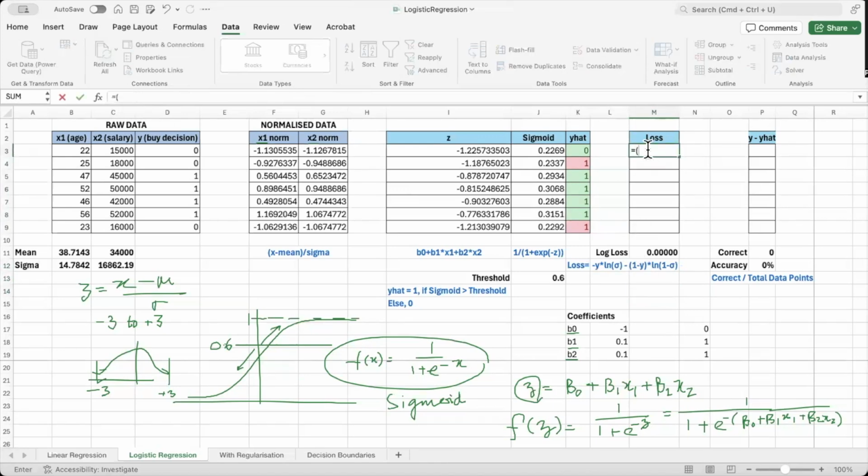So this I can say minus of y, so y is here, into natural log of the sigmoid, minus 1 minus y into natural log of 1 minus sigmoid.